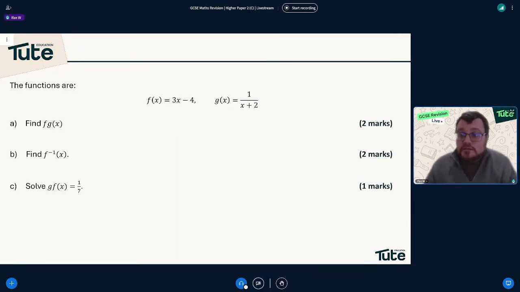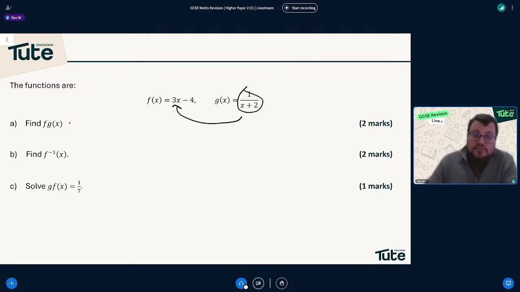Right then, we're going into a bit more difficult ones now, which is functions of functions. So the function f of x is equal to 3x take away 4, and the function g of x is equal to 1 over x plus 2. Find f of g of x. What you have to do here is make sure that you input this into this.